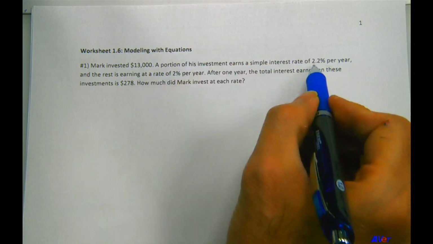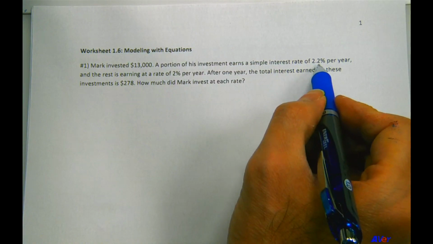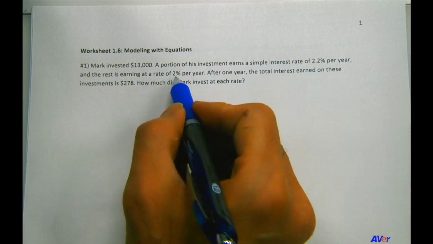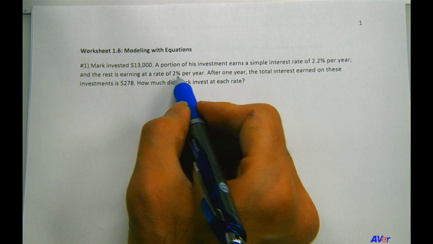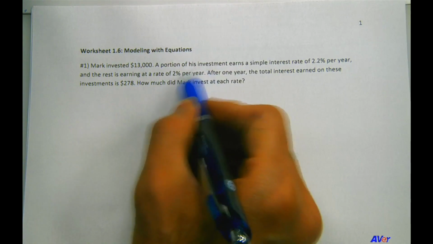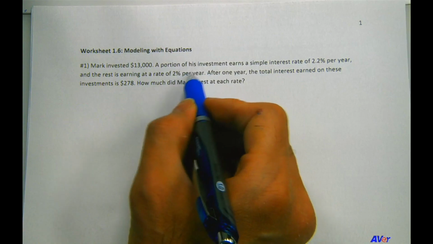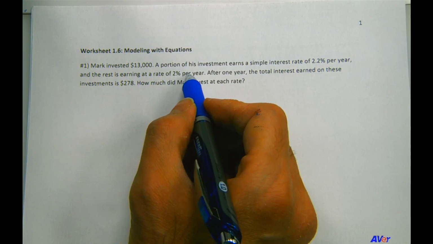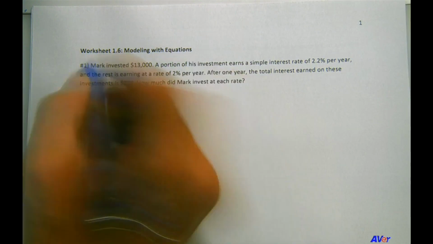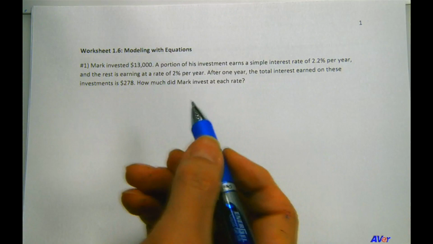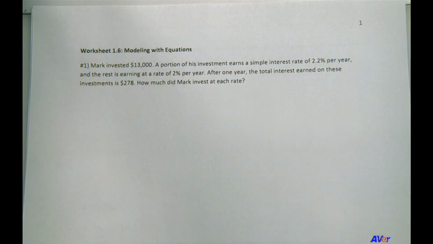One account is earning 2.2% and another account is earning 2% per year. So we need to organize this information. By that I mean we need to translate it into symbolic form that makes sense in mathematics. To do that, let's assign variables to each of these accounts.